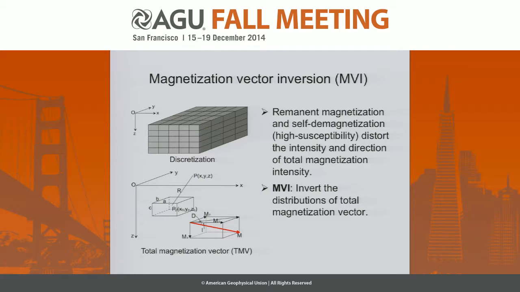But the remanent magnetization and the self-demagnetization of high susceptibility will change the direction and the intensity of the total magnetization vector. So it's meaningful to recover the distribution of the total magnetization vector when the magnetic source has strong remanent magnetization and/or the susceptibility of the source is very high.